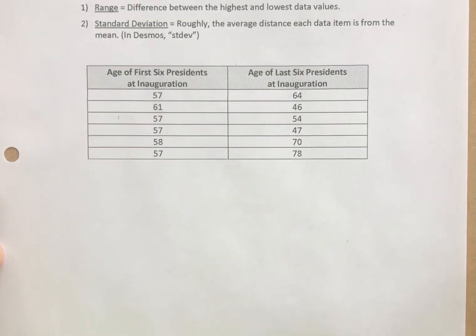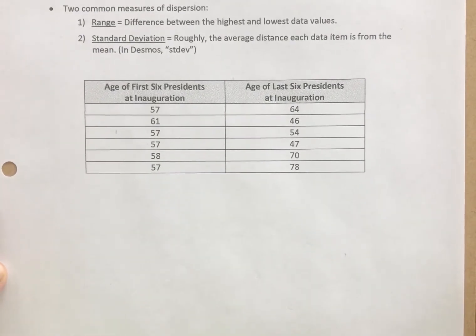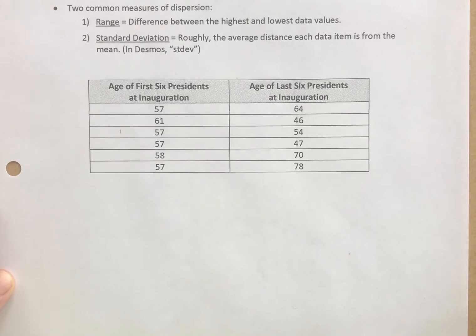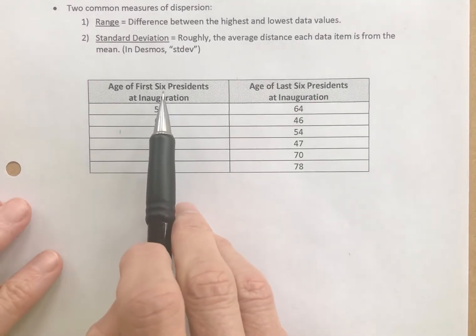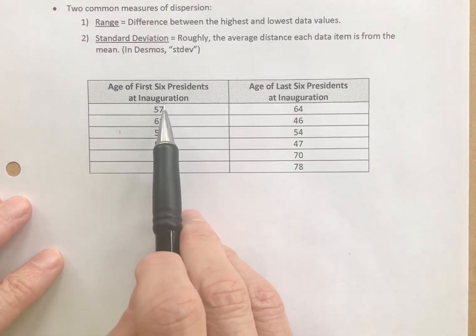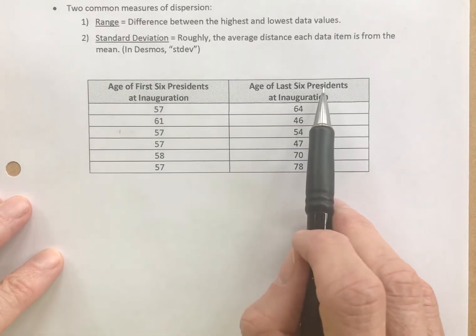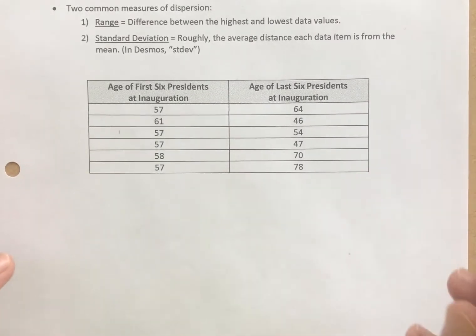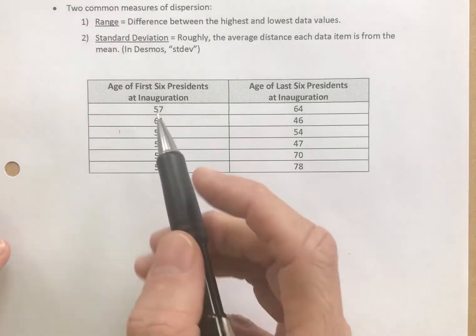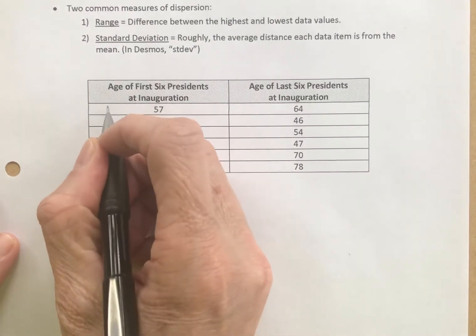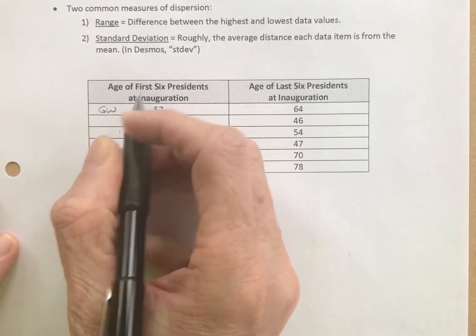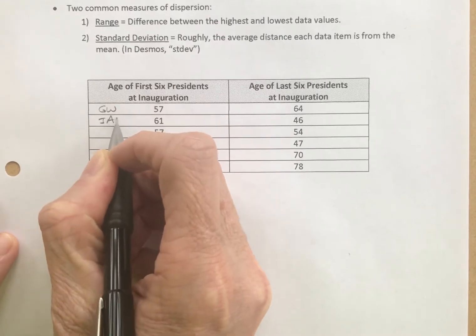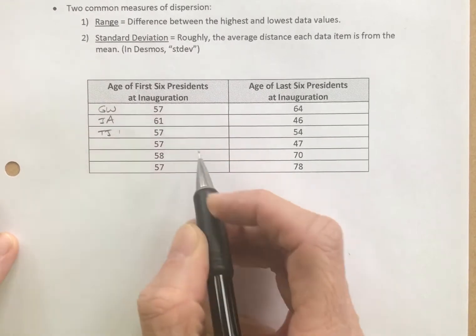So here we have it. This is kind of a neat example that looks at the ages of our first 6 presidents at inauguration and the ages of our last 6 presidents at inauguration. I know my first 3. This one's George Washington, of course. This is John Adams, and this is Thomas Jefferson.